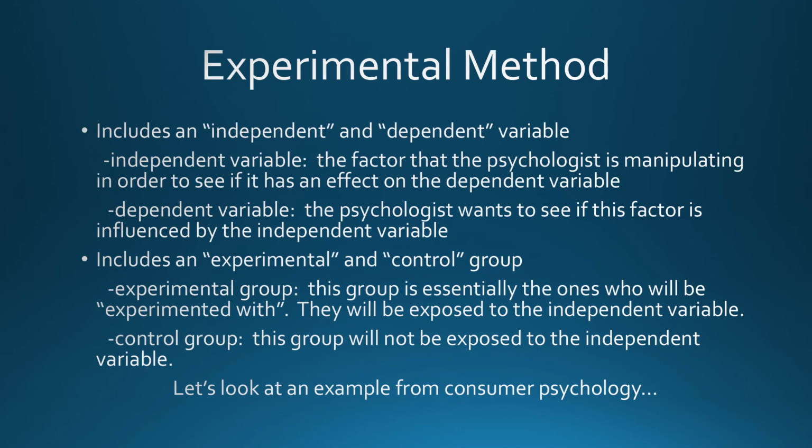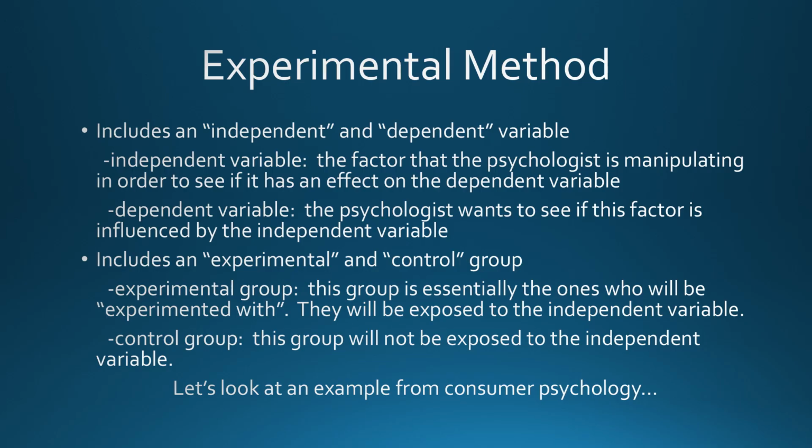So the experimental method. The experiment is what we're doing in order to test our hypotheses, to see if what we guessed is correct. The experimental method includes an independent variable and a dependent variable. The independent variable is the factor that the psychologist is manipulating in order to see if it has an effect on the dependent variable.